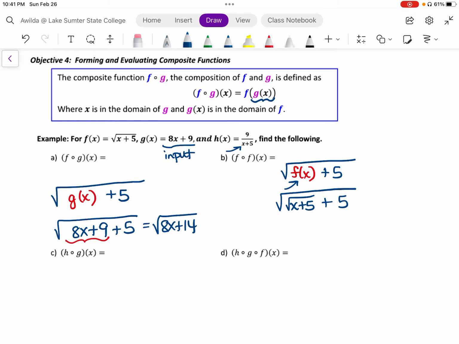The rule for h is 9 over input plus 5, but for the input, we now have g of x. So this is equal to 9 divided by, well, g of x stands for 8x plus 9, and then we add 5 to that. So after we simplify, we get 9 over 8x plus 14.